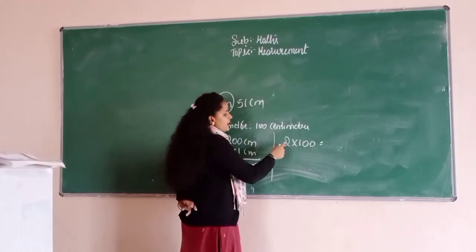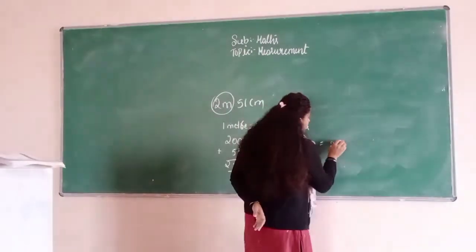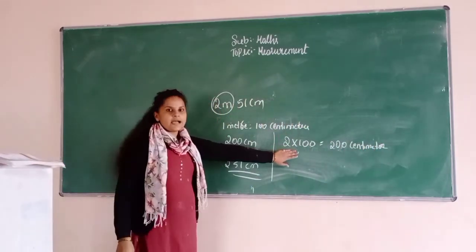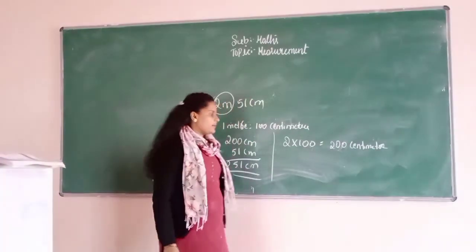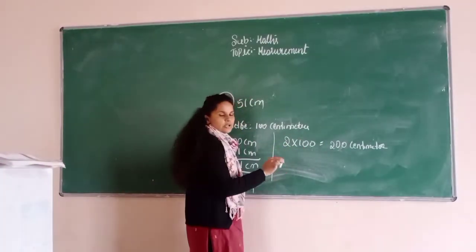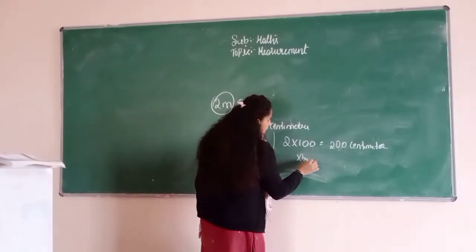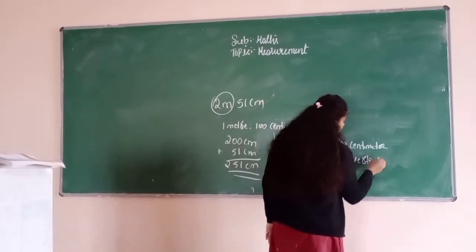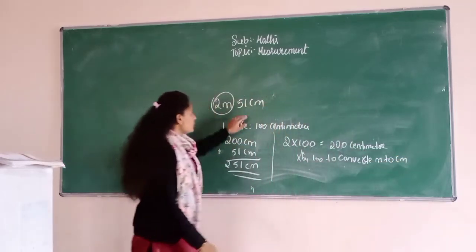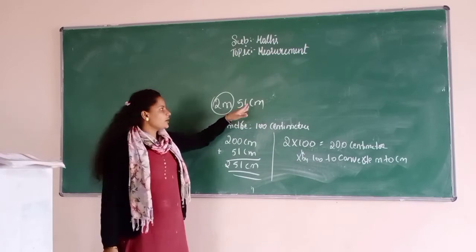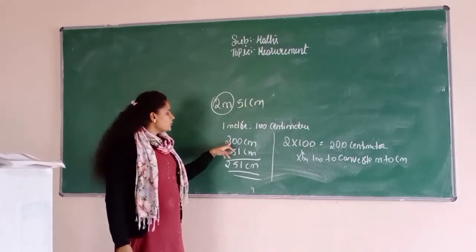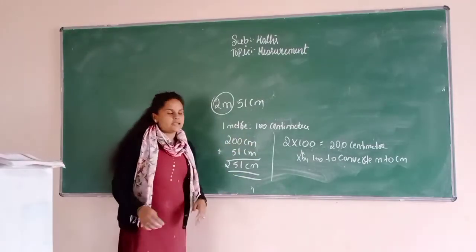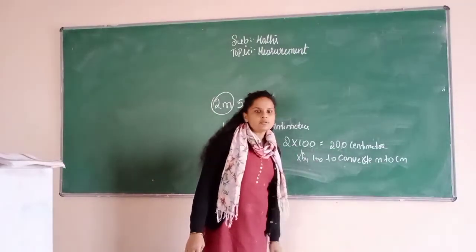Whatever the meter we are having, we have to multiply with the 100. 51 is already in centimeter form, so we need not convert. 200 plus 51 is 251 centimeter. Multiply by 100 to convert meter to centimeter.